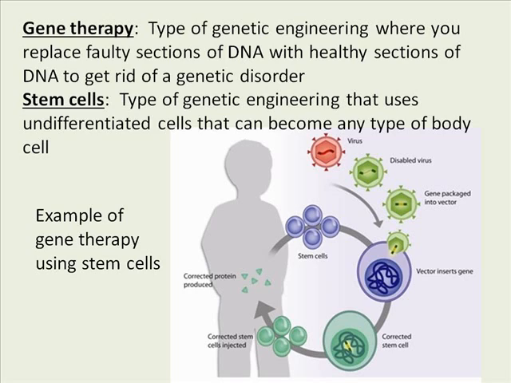You can go in, find the faulty section of DNA that's telling, for diabetics, their pancreas not to produce the insulin they need, and then you take a healthy section of DNA from somebody who is not diabetic, and you replace that bad section of DNA, hoping to get rid of genetic disorders.